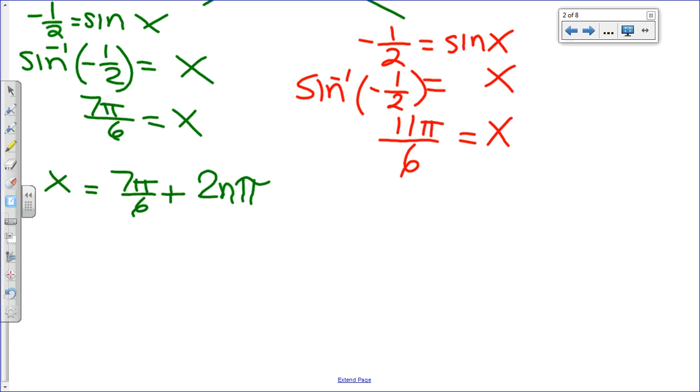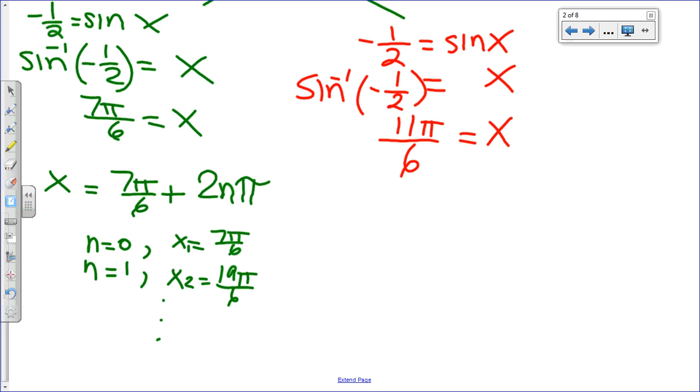What does n represent? When n is equal to 0, it will just be 7 pi over 6. When n is equal to 1, it will be 7 pi over 6 plus 2 pi. So that will be 19. And so on. Okay? With us using this, we're implying infinitely many. We are assuming that n is an integer.